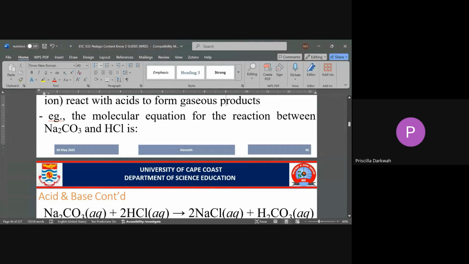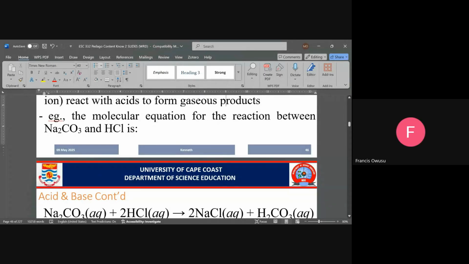So that's why you were asking. It will be further decomposed to form water and then carbon dioxide. Exactly. So the complete equation will be what? The complete equation will have sodium chloride, then water, then carbon dioxide.